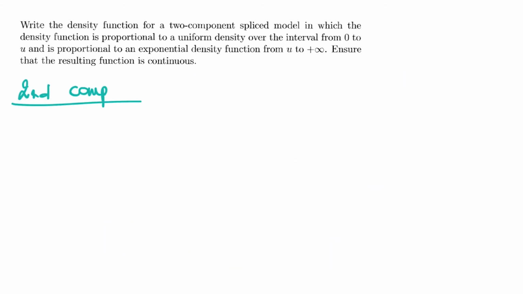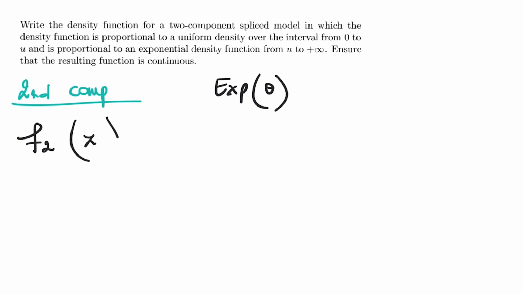So for the second component, we consider an exponentially distributed random variable with parameter theta. And then our density function, as we saw before, was equal to the exponent of minus z divided by theta, divided by theta.